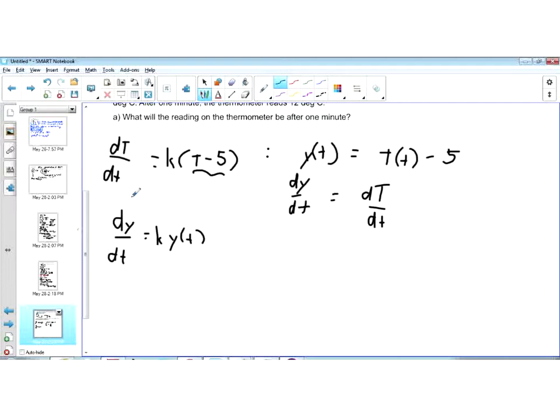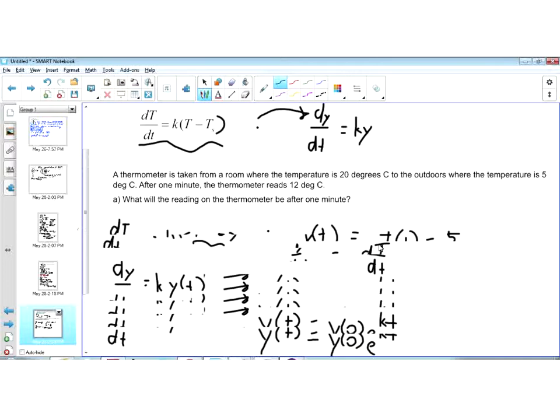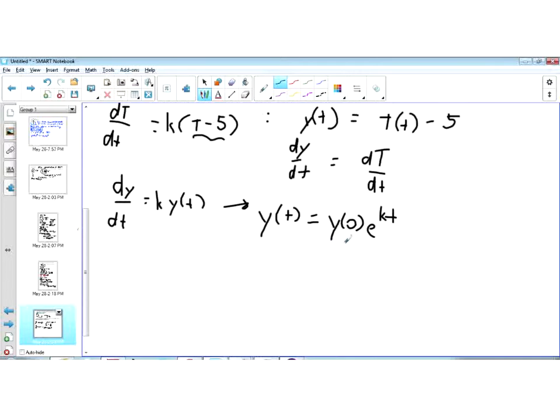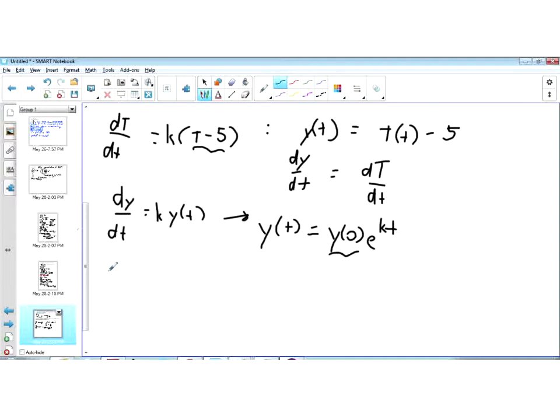This is the standard form of the exponential growth and decay equation for which we have a solution, because we know from the opening of this lecture that y of t, the solution to this differential equation, is equal to the initial value for y, in other words y at t equals 0, times e to the kt. So what is y of 0? We need to know this coefficient.